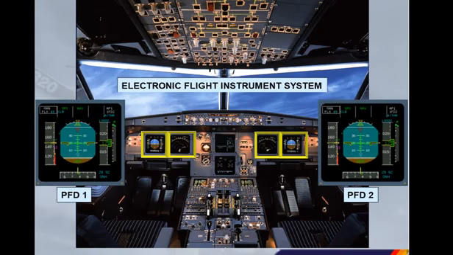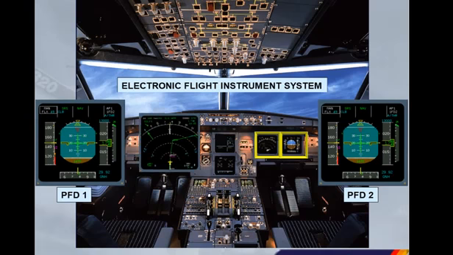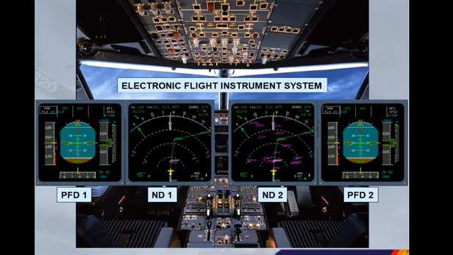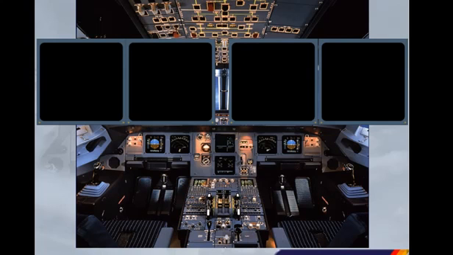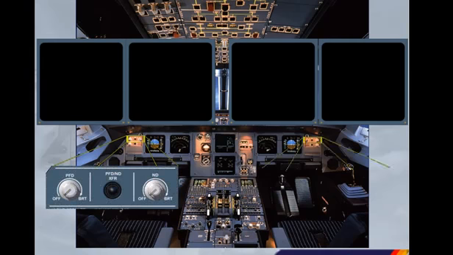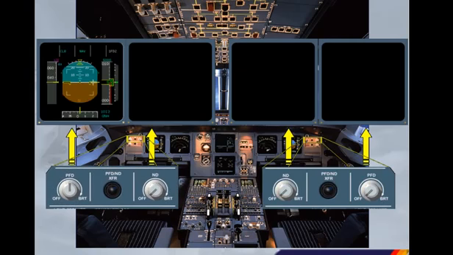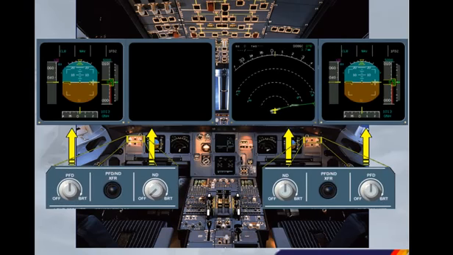Flight parameters are displayed on primary flight displays, PFD, while navigation data is displayed on navigation displays, ND. Outboard of the PFD, there are control knobs to adjust the brightness of the associated PFD and ND, or to turn the display off.